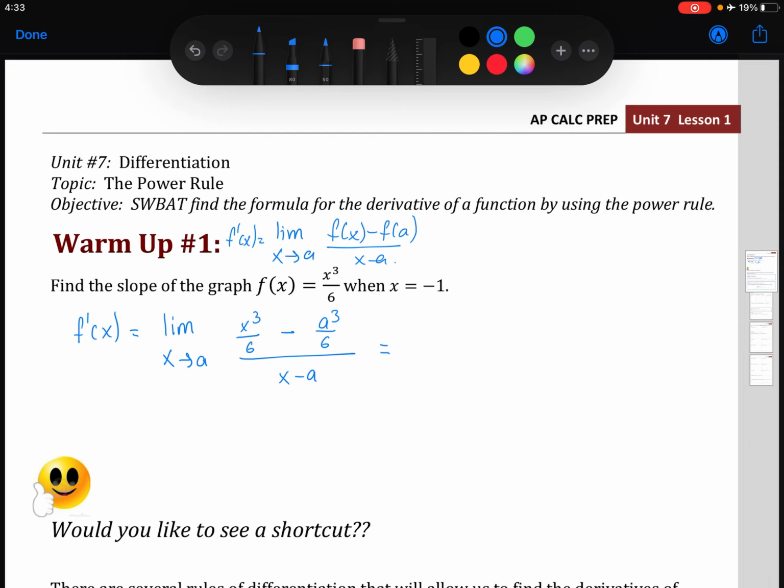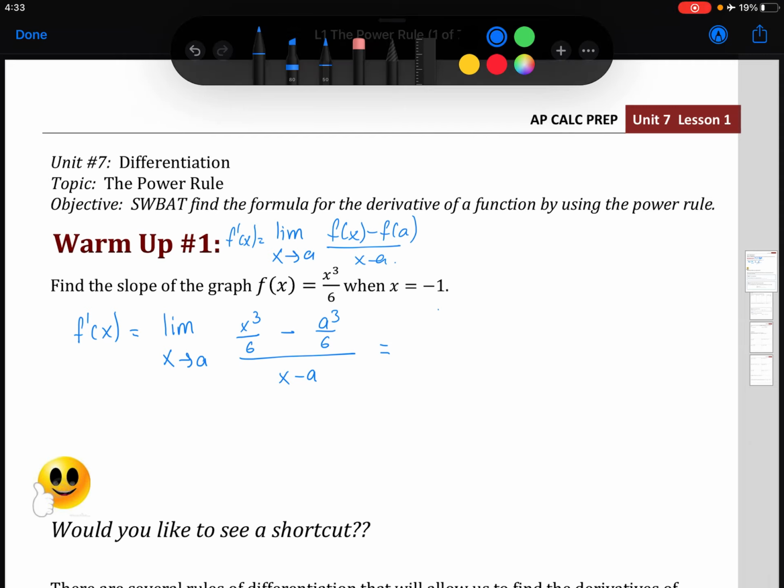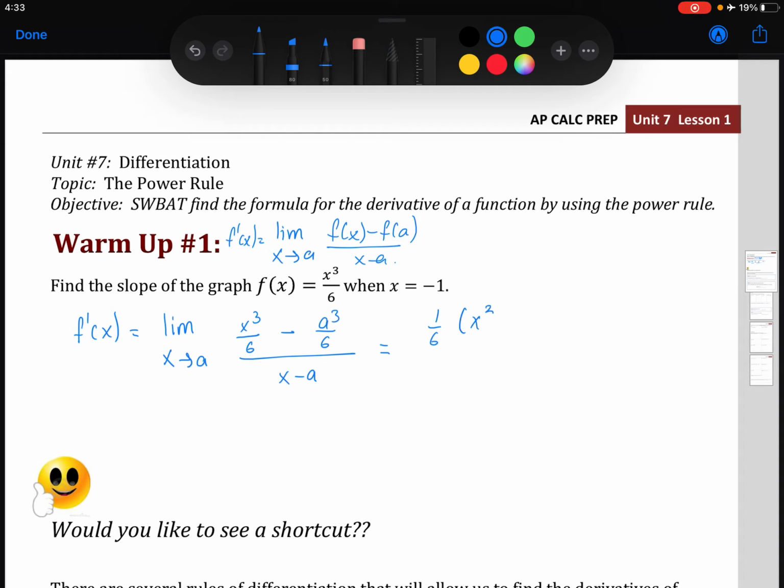So this would be x cubed minus a cubed over x minus a, right? Limit as x approaches a. I'm going to simplify it and then write the limit thing.